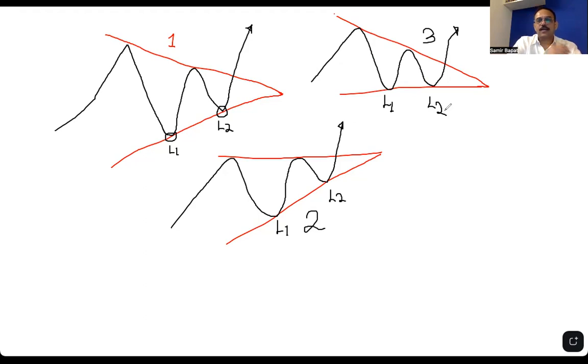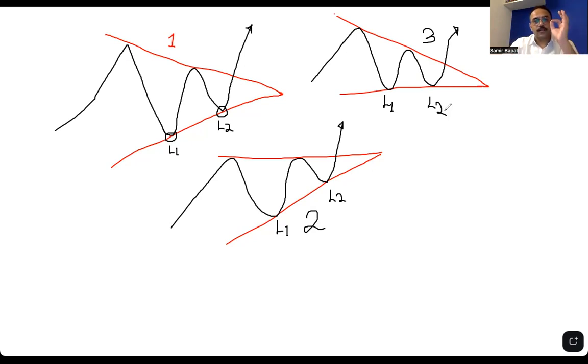Same, right? Now, why have we gone into so much deliberation about L1, L2? Because when you are identifying a triangle, we have to identify 3 triangles that are there as per technical analysis in stock consolidation.